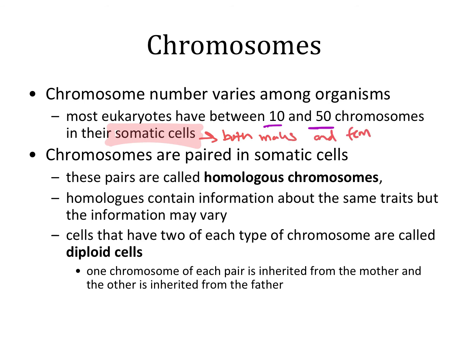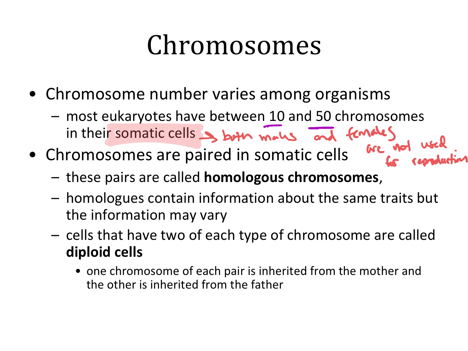And a better way to think of this, a better definition, is just to say that somatic cells are not used for reproduction. So all of the cells in your body, except for the ones that are used for reproduction, are considered somatic because both males and females have them.